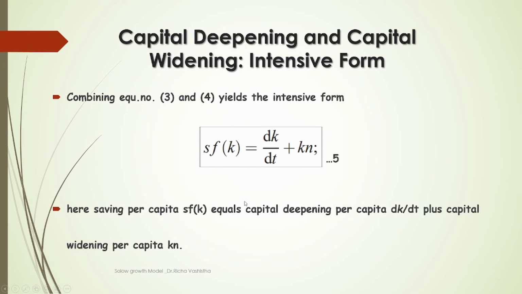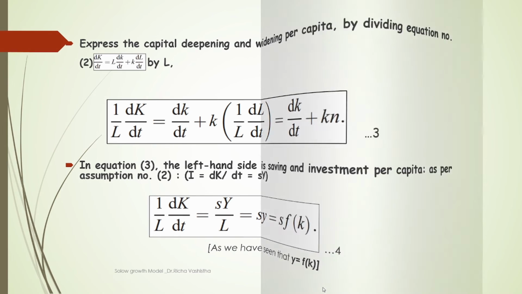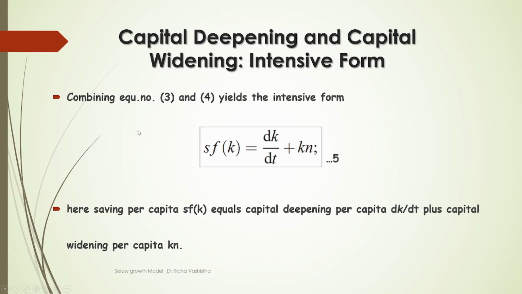Now what we'll do is combine equation number 3 and equation number 4, meaning this equation and this equation. Working out a bit what happens when we combine those two equations, the f(k) part comes out, and this further works out to be this. Now what is this part?